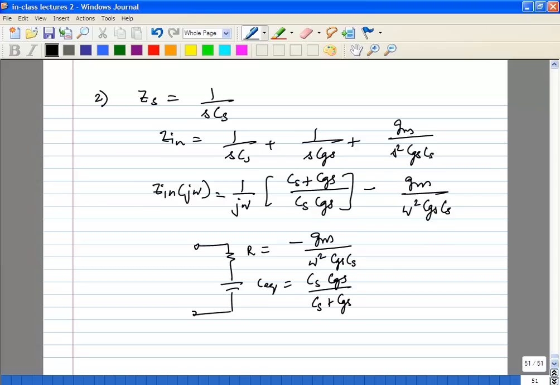Because in most cases you don't want any negative resistances in your circuit. You might remember that it leads to instability, oscillations, all those kinds of problems. So you definitely don't want to consider putting a capacitor at the source. And obviously you don't want your LNA to oscillate, right? So what is the third case?